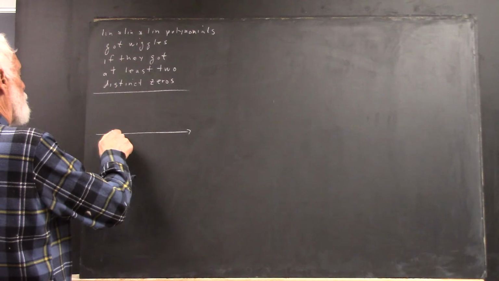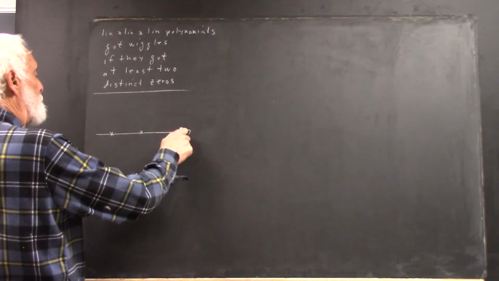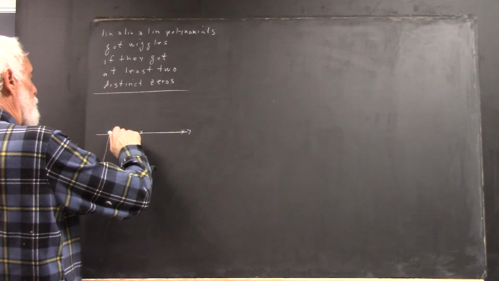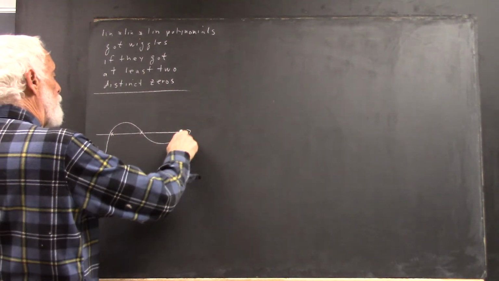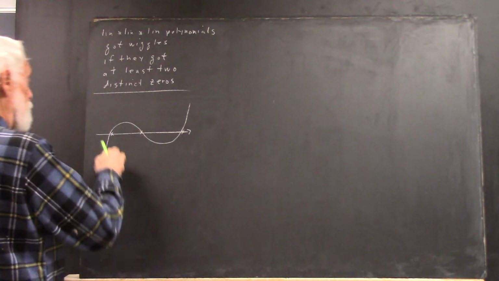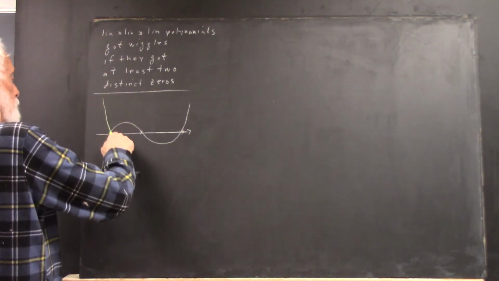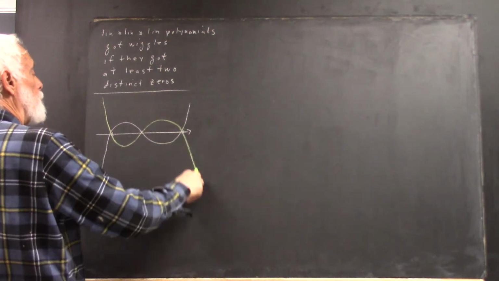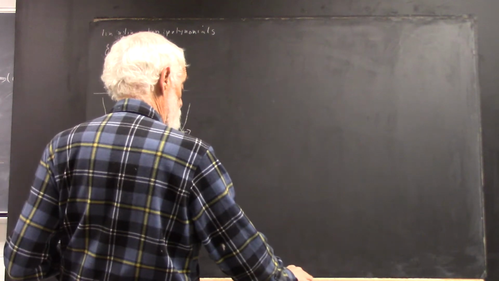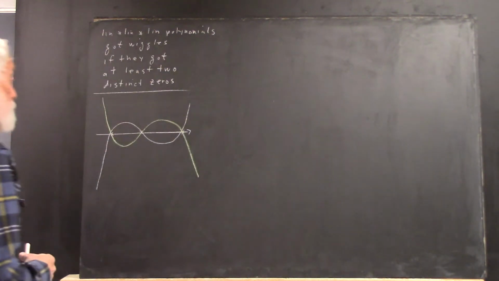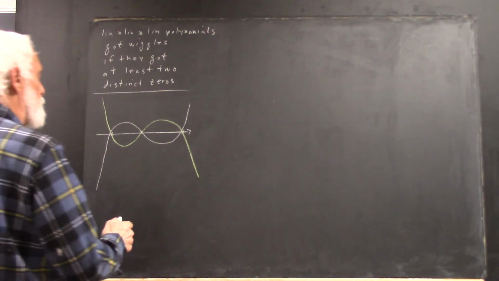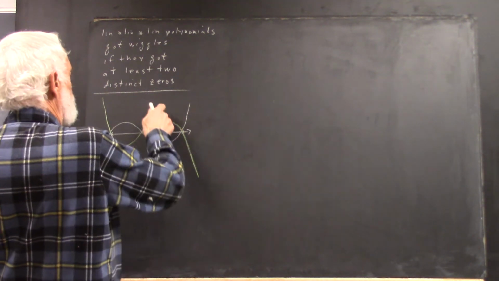So if we have three zeros, then the graph could look like this, or alternatively, like this. And we should be very familiar with why that works and how that works.